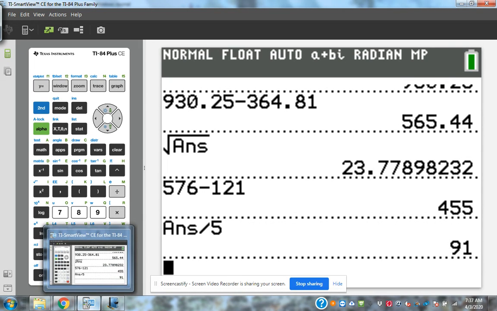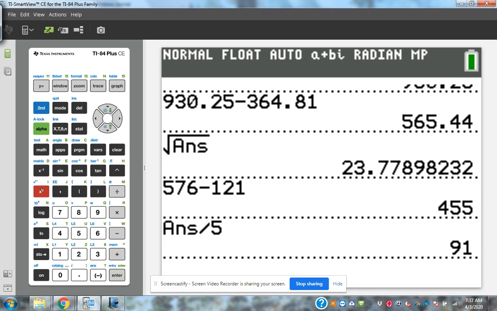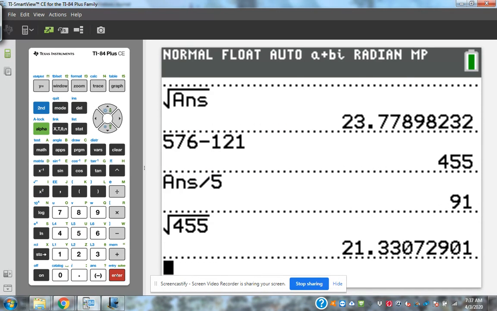And I know 91 is prime, so there's nothing I can do with that. Take the square root of each side, and we get the square root of 455 under the radical as the exact value. The decimal approximation for that is 21.3.